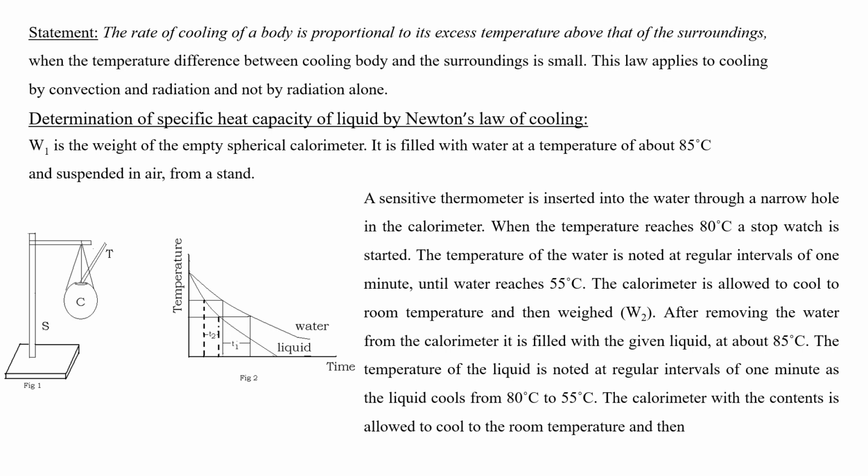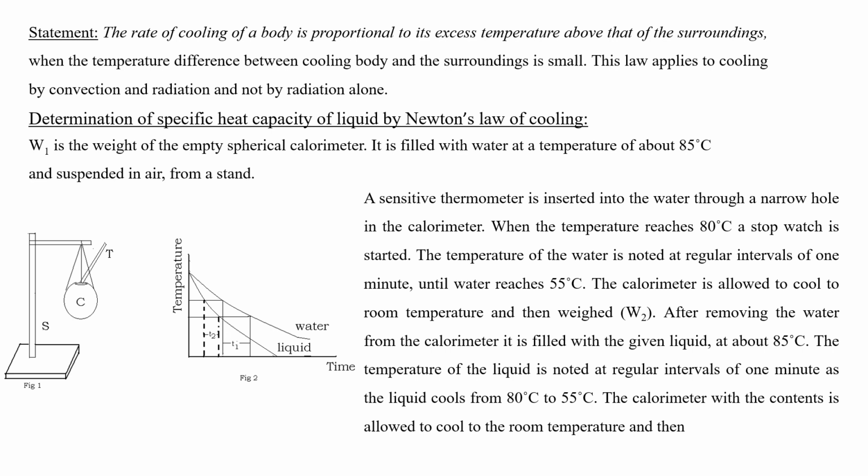It is filled with water at a temperature of about 85 degrees C. We use water as the standard liquid, heated up to 85 degrees C, and filled into the empty calorimeter, which is suspended in air from a stand.